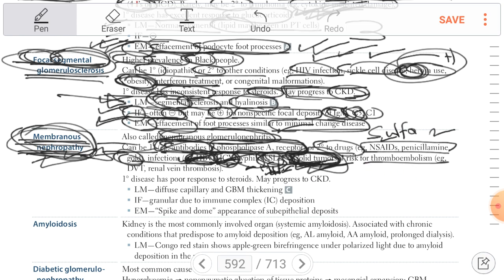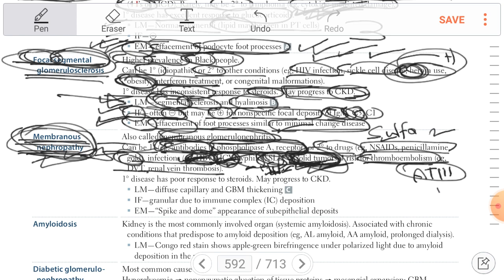In any case of nephrotic syndrome, it can come with what? It can come with hematuria. How? There is loss of antithrombin 3, leading to high coagulability, leading to thromboembolism, DVT, renal vein thrombosis, and leading to hematuria in a patient with nephrotic syndrome.